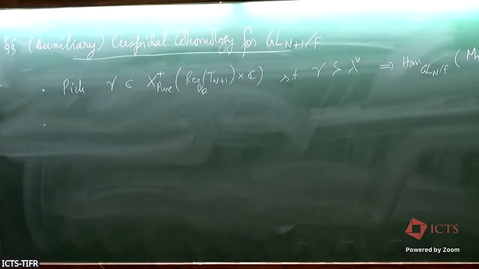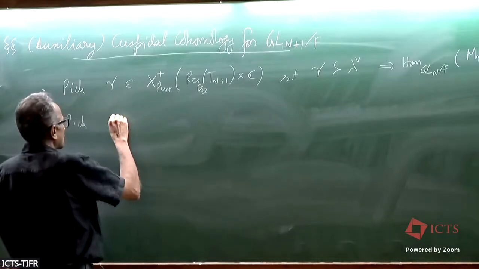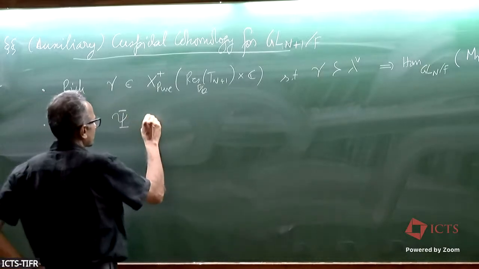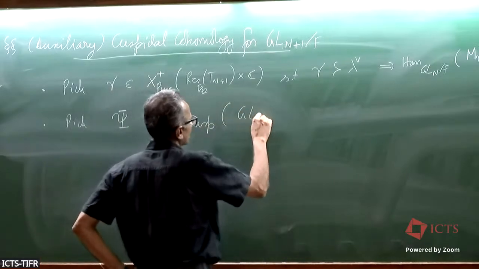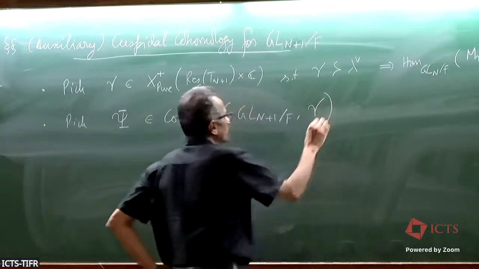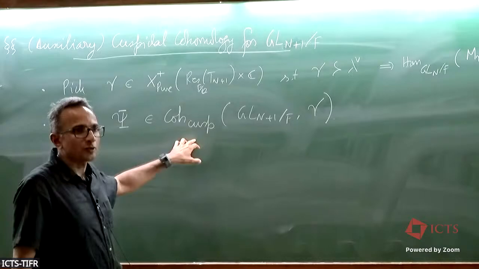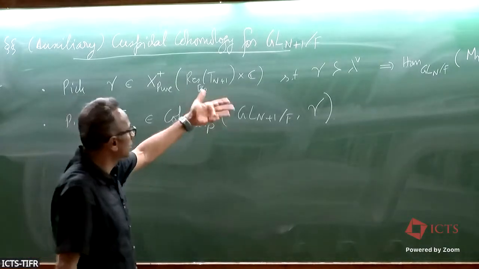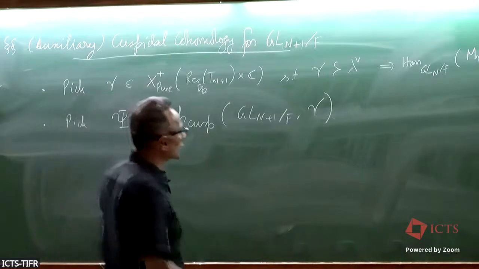And once I have a pure weight, next is to pick a cuspidal representation, call it pi, on GL n plus 1, which has cohomology with respect to this gamma that we have picked. So this is a statement about non-vanishing of cuspidal cohomology for GL over a CM field with prescribed highest weight, and one can do this.